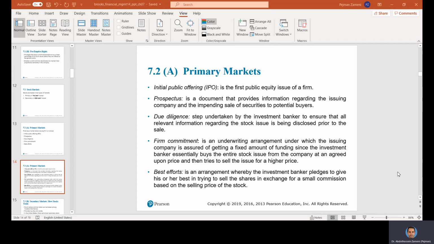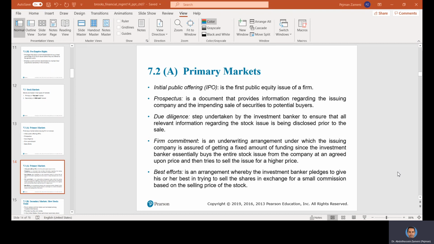It means that when the company wants to go public, they cannot just go by themselves. They need other institutions or organizations to help them. One of the entities involved in the IPO is called the investment banker or investment bank. They can do the underwriting.